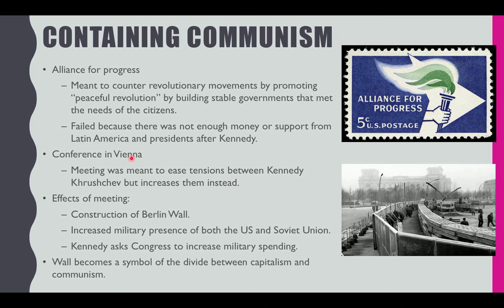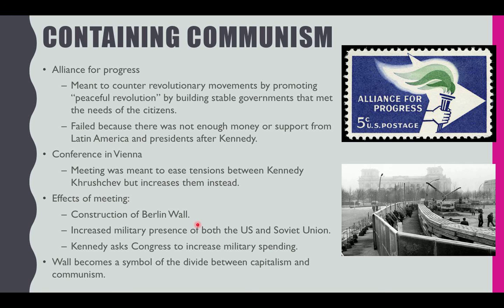The conference at Vienna was meant to be between Kennedy and Khrushchev in dealing with the happenings in Germany. But what this does is it doesn't ease any tensions between the two leaders. It actually increases them. And a major result of this meeting was the construction of the Berlin Wall.